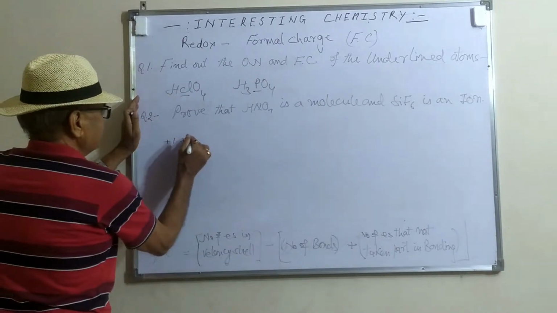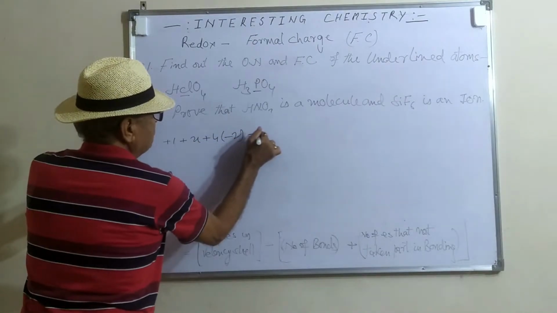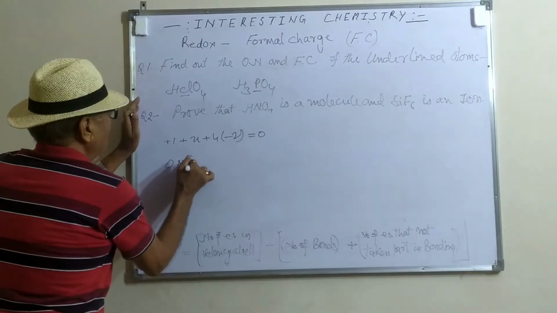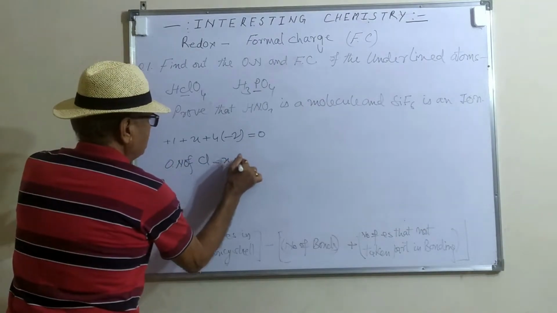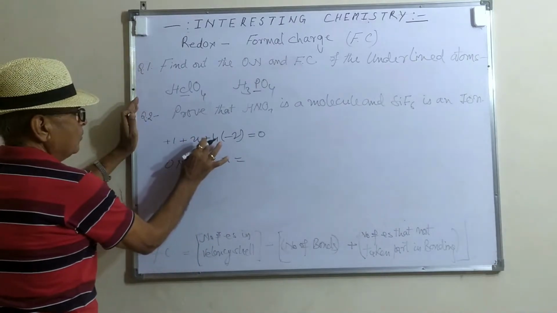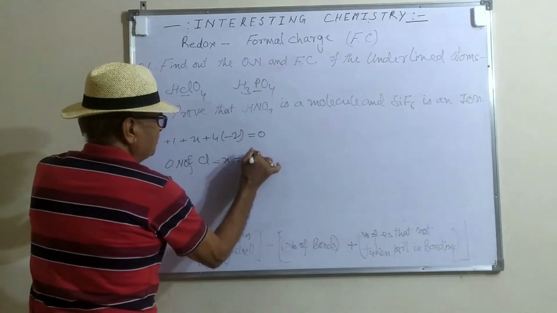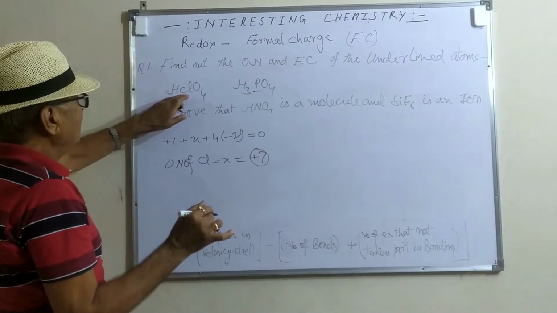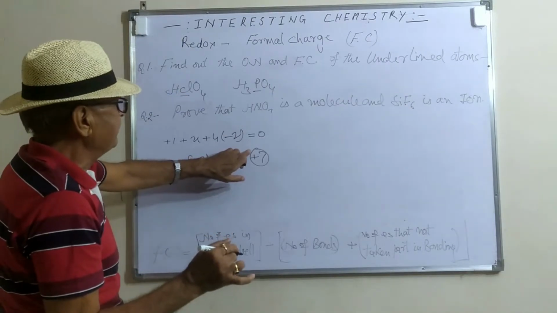So here X plus 1 plus 4 into minus 2 is equal to 0. So the oxidation number of chlorine: X minus 8 plus 1 is equal to 0, so X is equal to plus 7. So here the oxidation number of chlorine is plus 7.